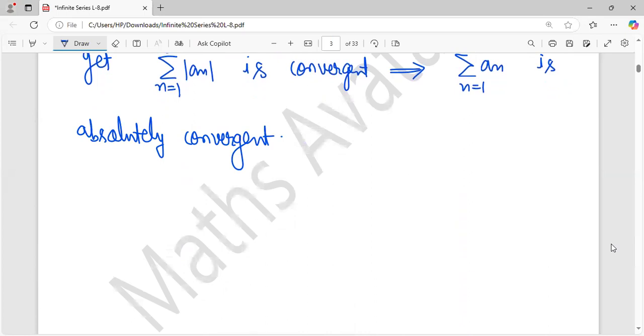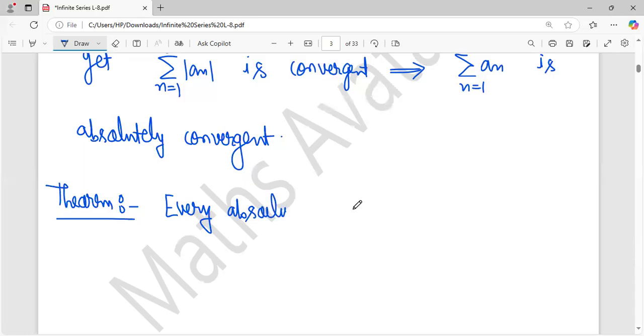Now prove the result. Theorem: every absolutely convergent series is convergent.